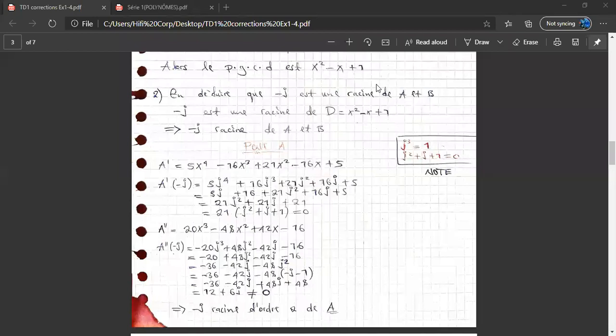Yes. Sorry, I have a question. Yes, you can ask. On the second differentiation, where there is 20x to the power 3 and then negative 48x to the power 2, when we replace negative j, when we square negative j, it will give us positive j squared, right? Yeah. And then when we bring it to negative 48, won't it be negative 48, not positive?